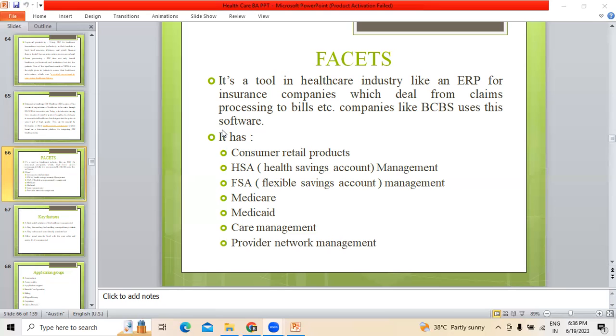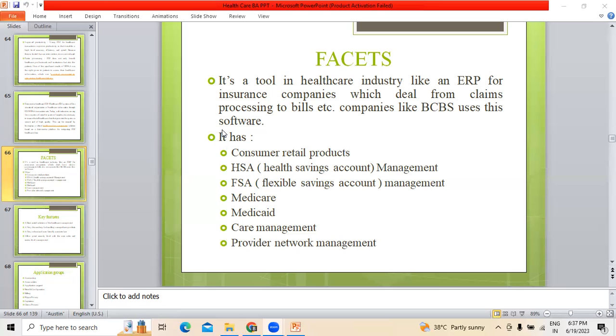There are a lot of ERP applications outside healthcare, such as SAP and Oracle related ERP. Whereas in the field of healthcare, the prominent applications are facets and QNext.